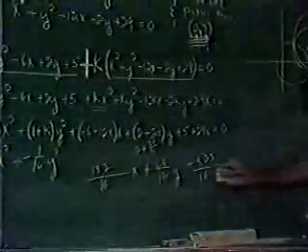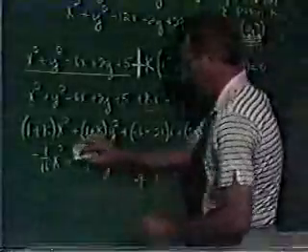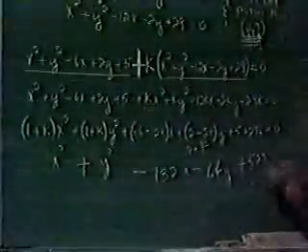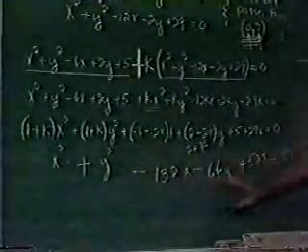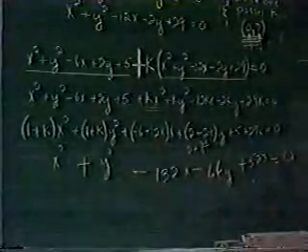Now, multiplying everything through by 16, we have 66y, 132x, and that was a positive. And multiplying here, we have a negative 1 and a negative 1. Now multiplying everything through by minus 1, we have a circle, x squared plus y squared minus 132x minus 66y plus 523. Move this across, complete the square, and you can follow the arithmetic through, and you have then that particular circle.